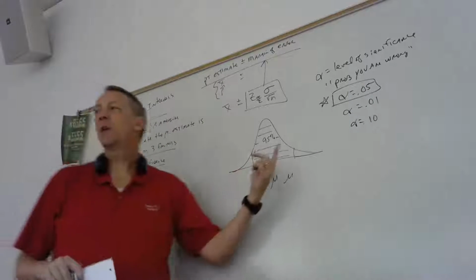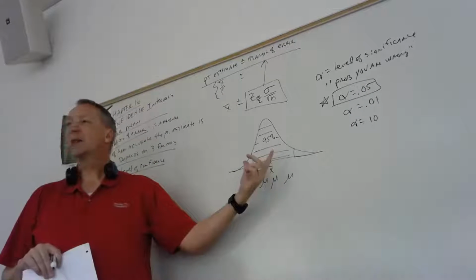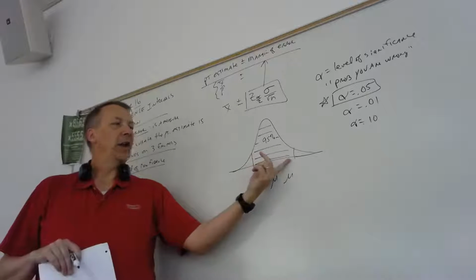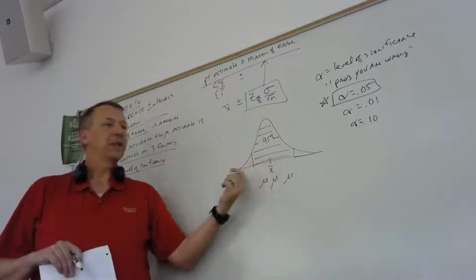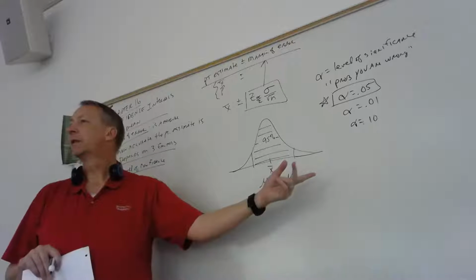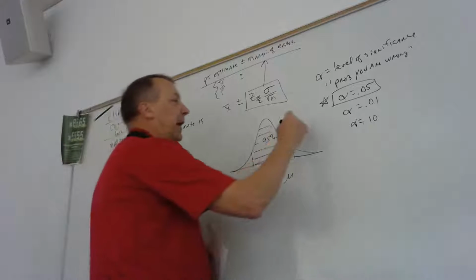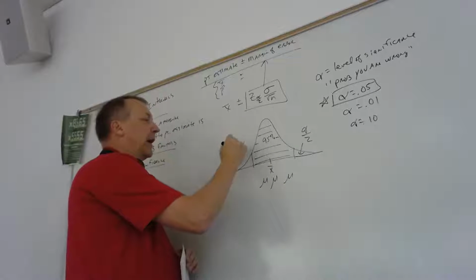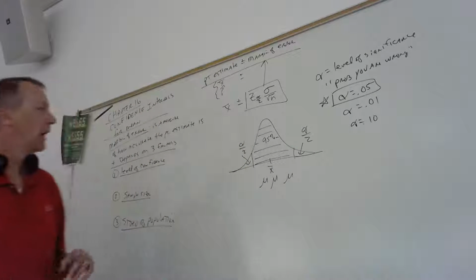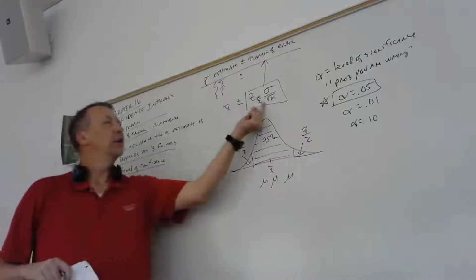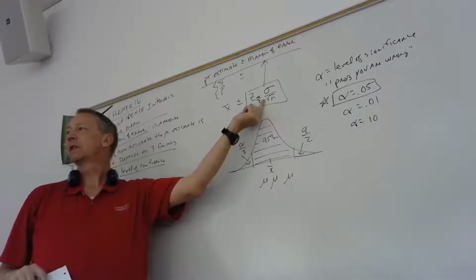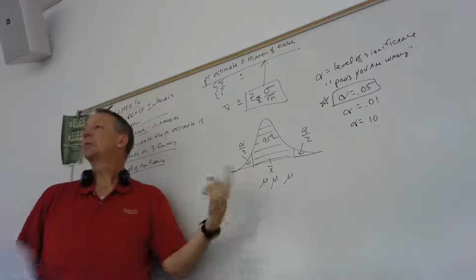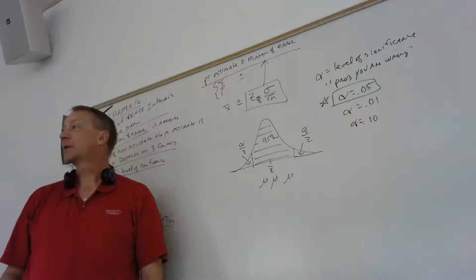So the idea is we go back to the 68, 95, 99 rule. If I've got 95% here, I've got my alpha split on both sides, right? So I've got half of my alpha here, and half of my alpha here. And so that's where your alpha over 2 comes in. You could be wrong on the high side or you could be wrong on the low side. We split that evenly. Does that make sense?